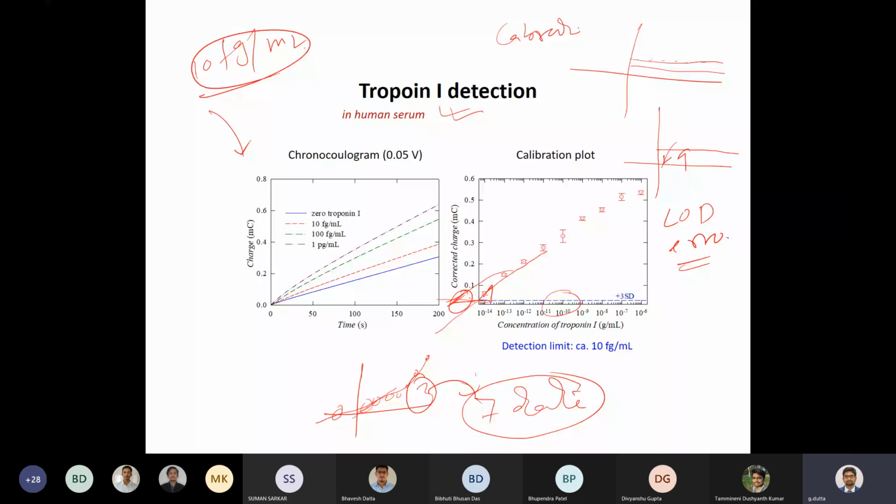So you can say maybe the lowest real concentration is, suppose, this one. So this is the 10 femto. You can mention this is my detection limit, not the non-real one. That is not real and should not be mentioned. You should mention the lowest concentration that you can measure by using your biosensor.